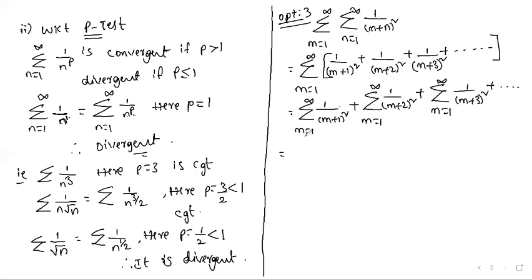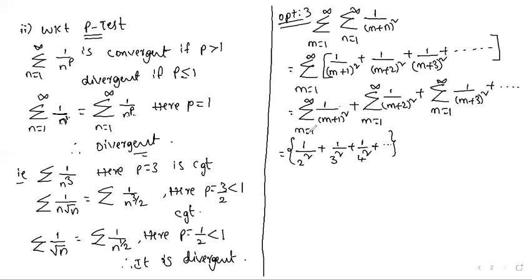Again we can split: substitute m equals 1, 2, 3, and so on, we get 1 by 2 square plus 1 by 3 square plus 1 by 4 square plus, and so on.